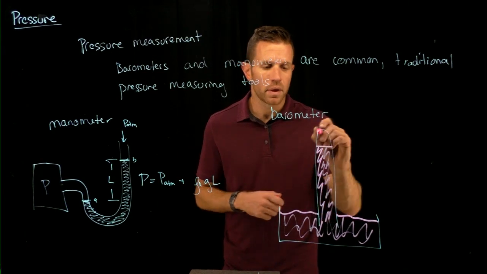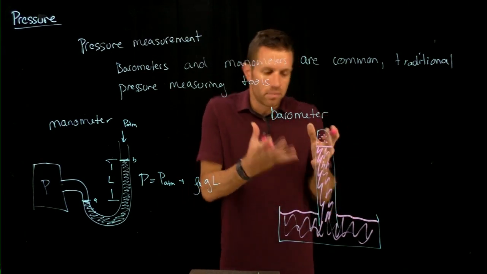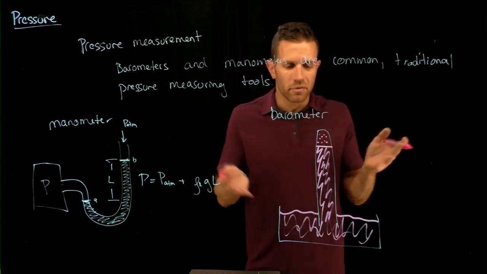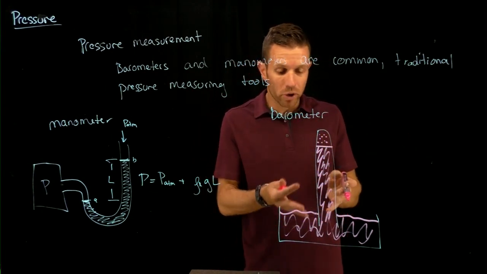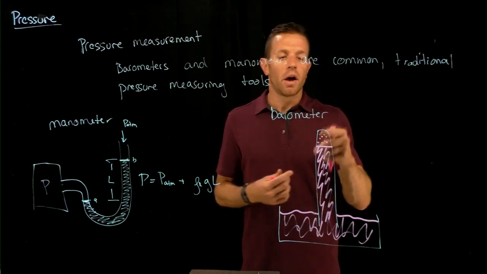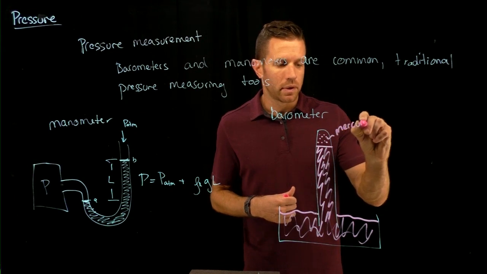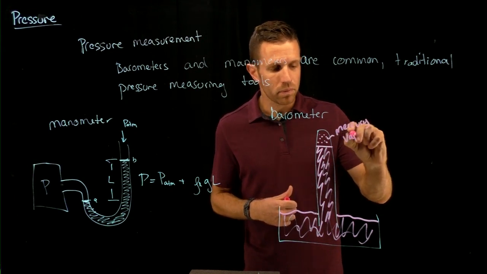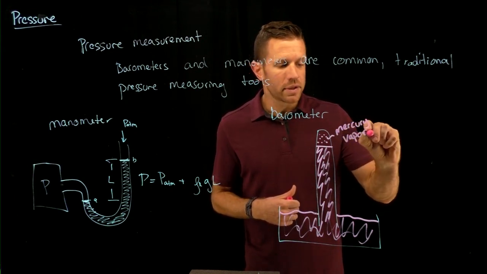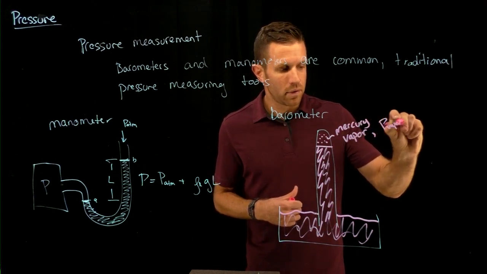And above here is vapor, just the fluid's vapor. If this were mercury, which was a common fluid used in barometers, then up top we've just got mercury vapor. And it's got an associated pressure, P vapor.